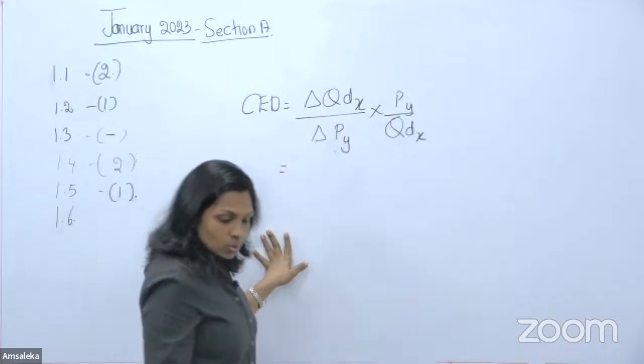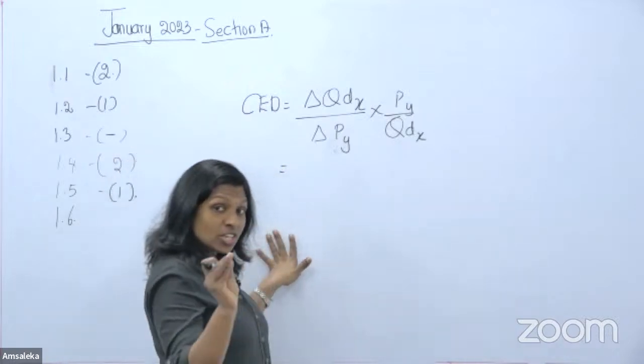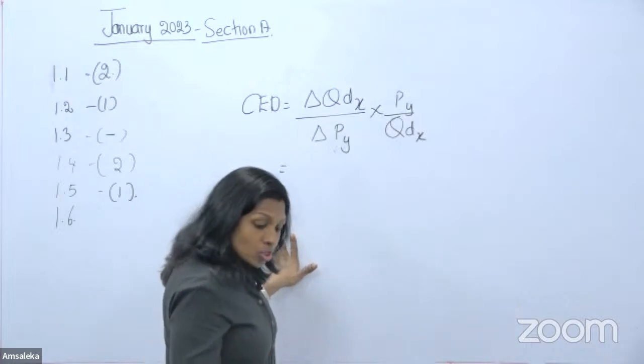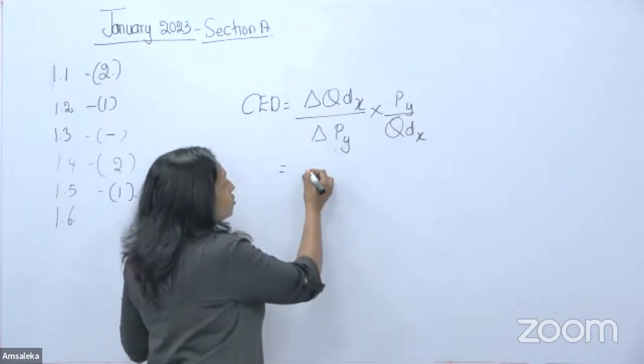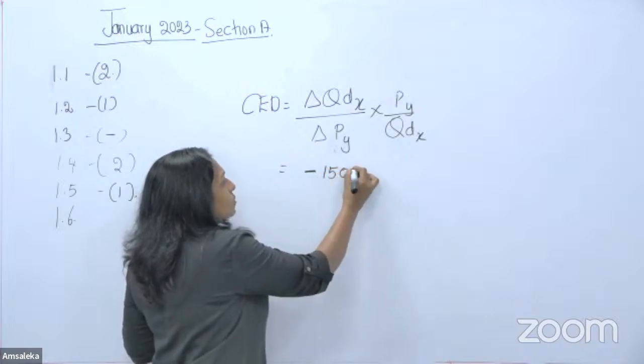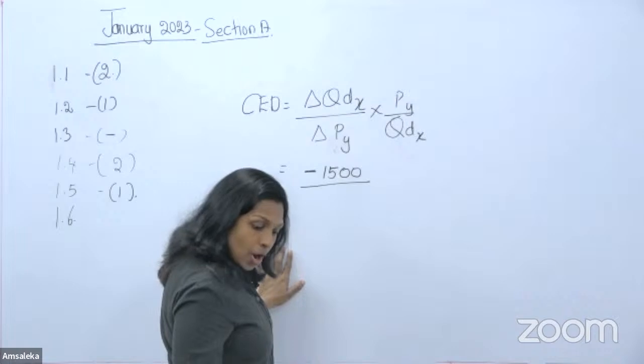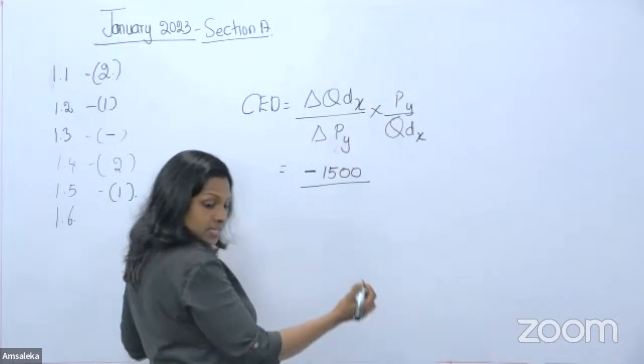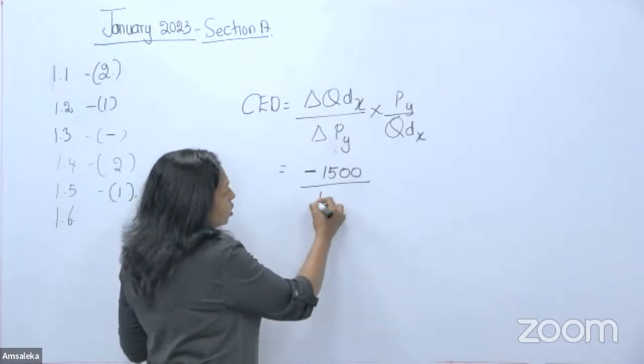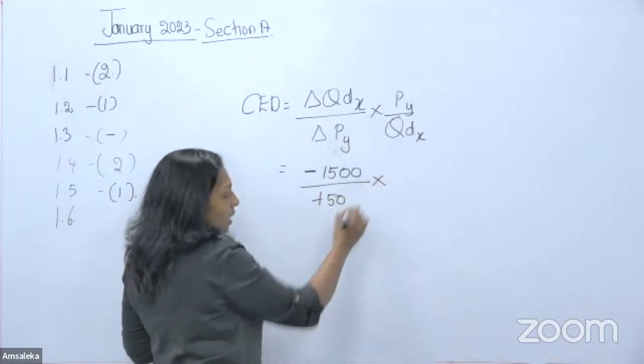So now delta QD, what is the change? It is the change in the demand, 4,000 to 2,500. So decreasing 1,500. Price increases. So the change is 50 if I am correct.